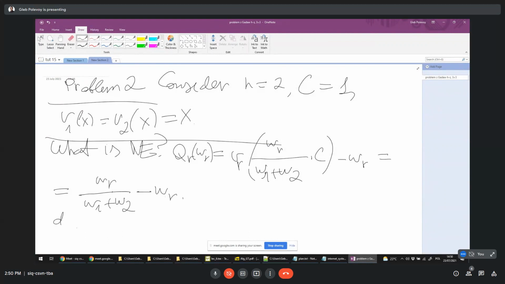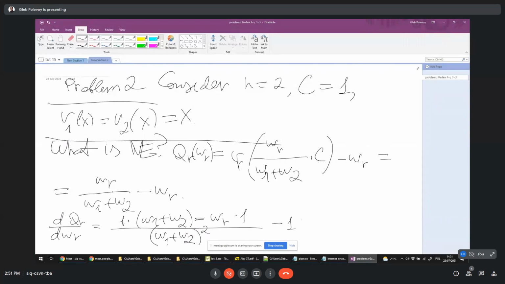Now let me take a derivative of that thing. So the derivative of QR by, of course, WR is the following thing. First of all, simply the simple rules of derivation, times 1. That's the derivative.